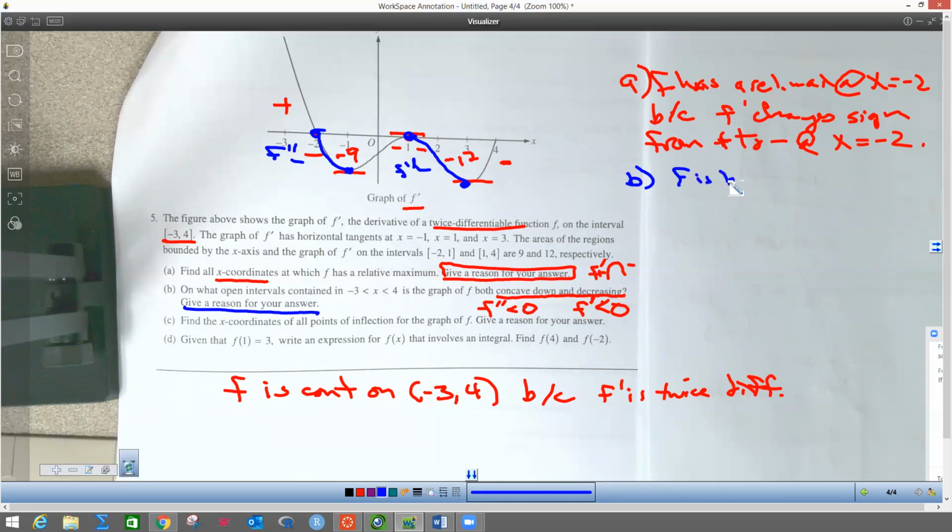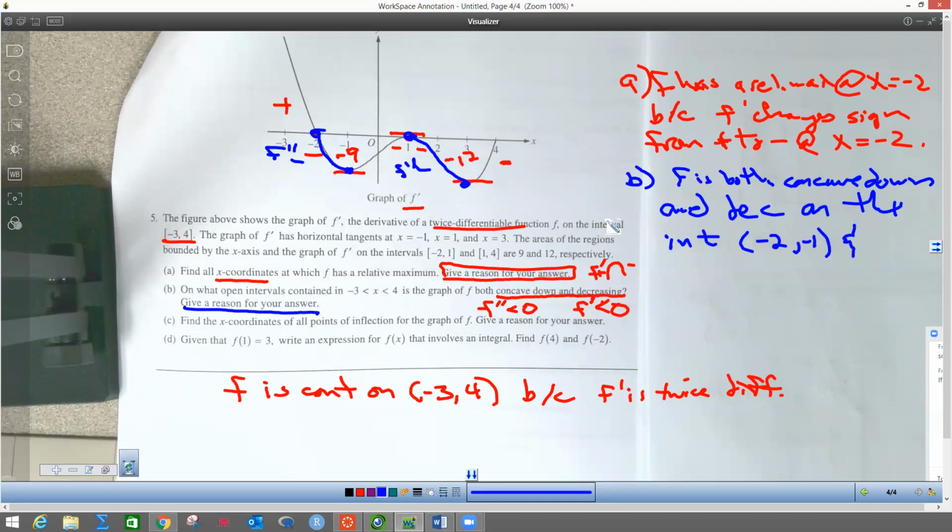F is both concave down and decreasing on the intervals -2 to -1 and 1 to 3, because I've got to give the reason. F prime is less than 0 and f double prime is less than 0 on those intervals.